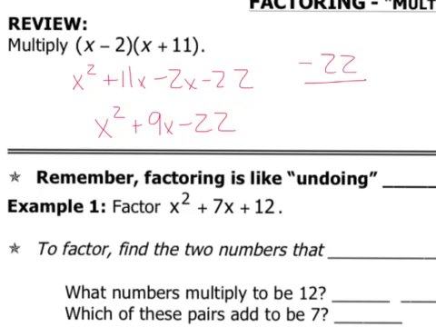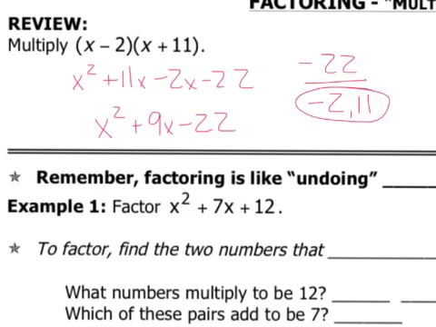Which one's negative? To get positive 9, it would be negative 2 and positive 11, right? So I can find my factors. Do you see negative 2 and 11 in your problem somewhere? What is it? x minus 2 and x plus 11, right?